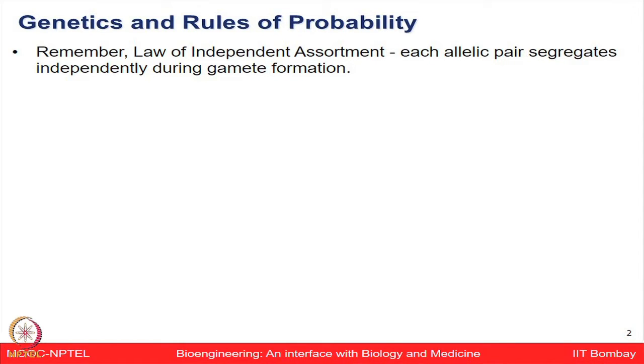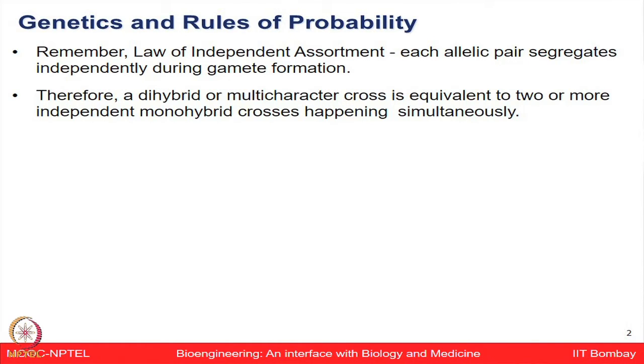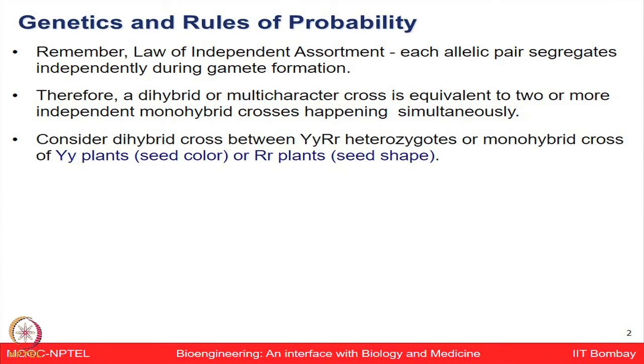So in the law of independent assortment, we talked about how each gene for a contrasting pair, those alleles, segregate independently in the next generation. And then we discussed dihybrids or even multihybrids, various characteristics which pass from one generation to the next, but they actually follow their own independent route. We discussed this example of capital Y, small y, and capital R, small r.